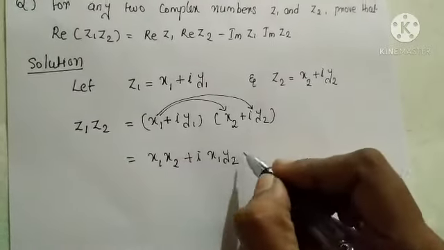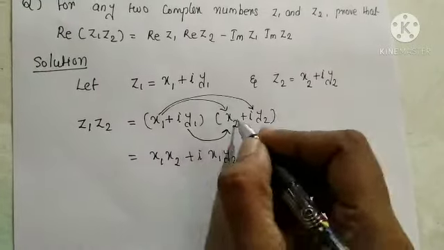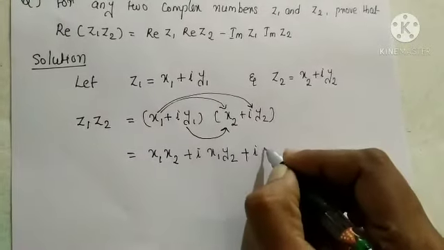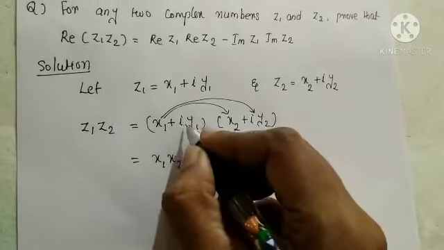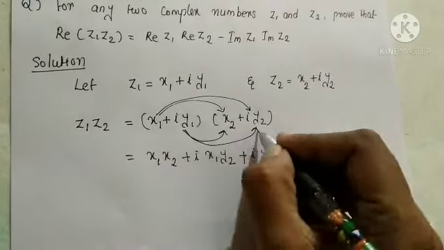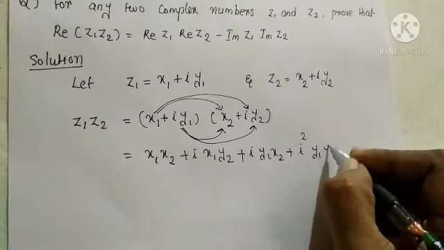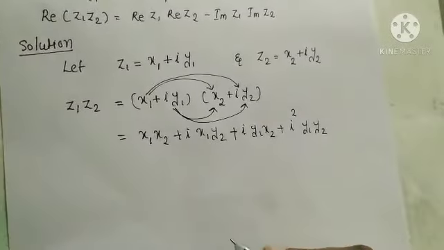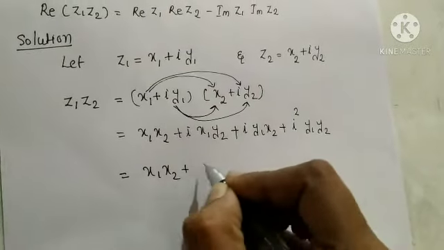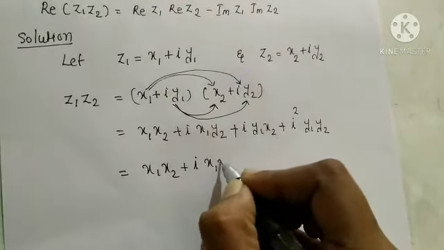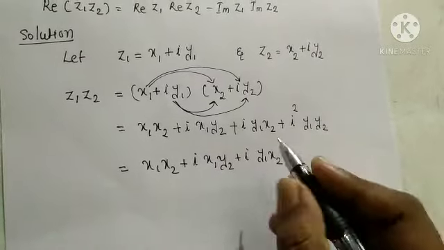Okay, plus next, i into y1 into x2 becomes i into y1 x2, plus y1 into y2, so it will become i square into y1 y2. Okay, so this is equal to x1 x2 plus i into x1 y2 plus i into y1 x2.